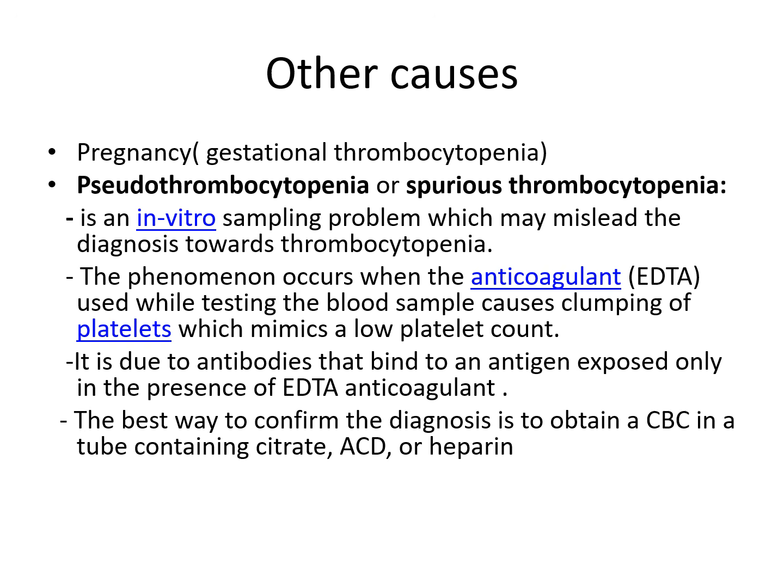This EDTA can sometimes result in clumping of platelets, which can mimic a low platelet count. To overcome this spurious thrombocytopenia, we often ask our patients to repeat the CBC in what we call a citrated tube, to overcome the clumping of platelets seen with the EDTA tube.